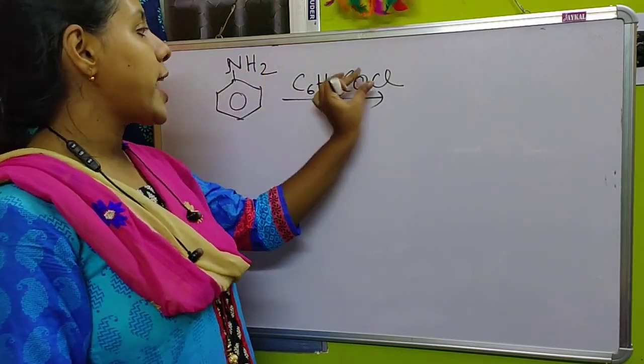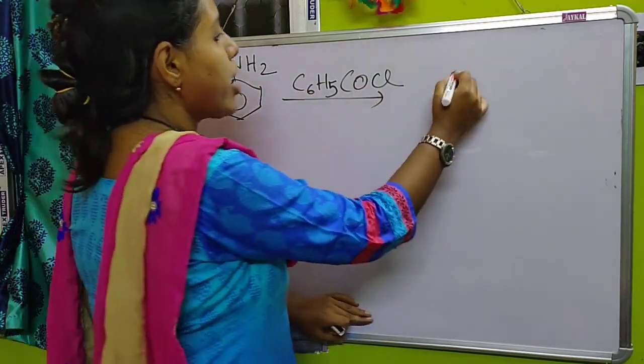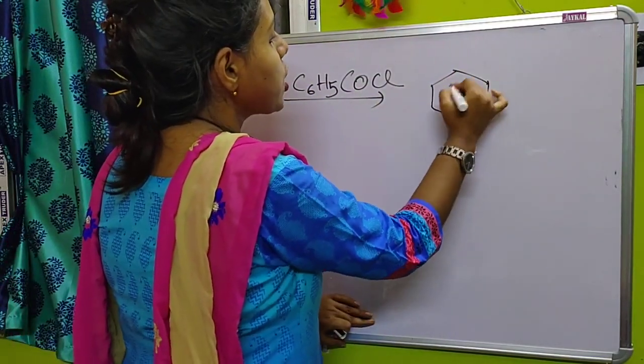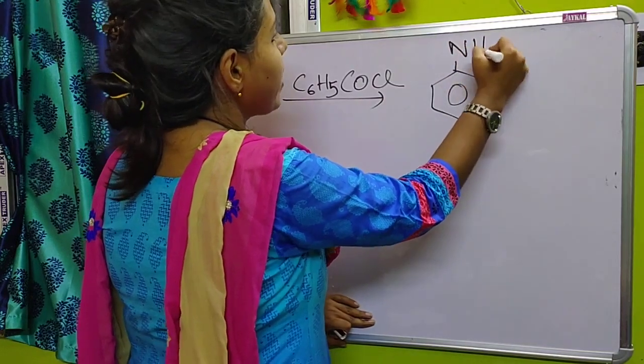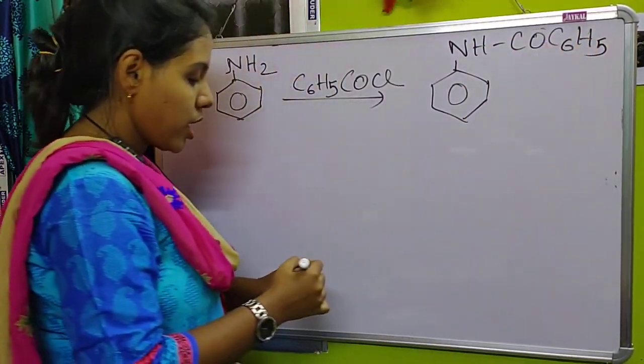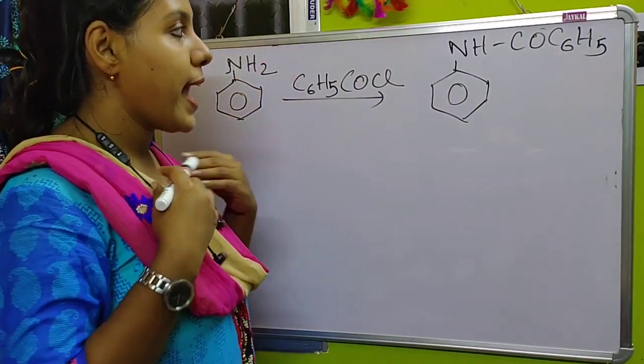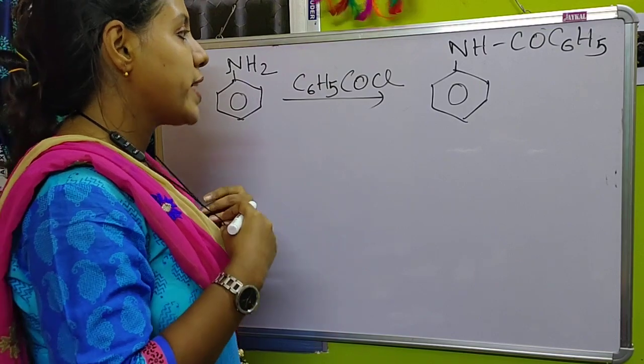One hydrogen and chlorine will be removed, and in place of hydrogen there will be the addition of the COC6H5 group. So finally we get this compound, which is known as benzanilide.